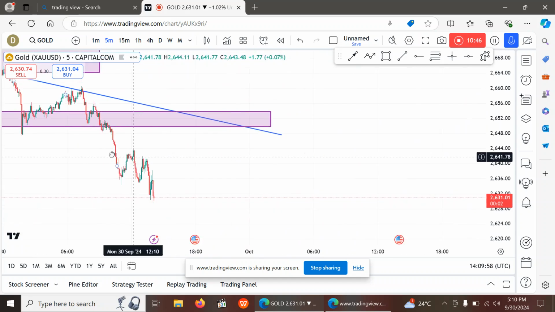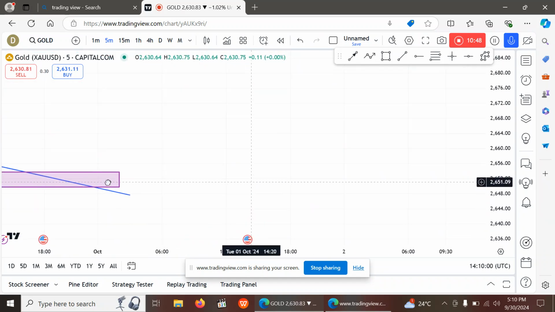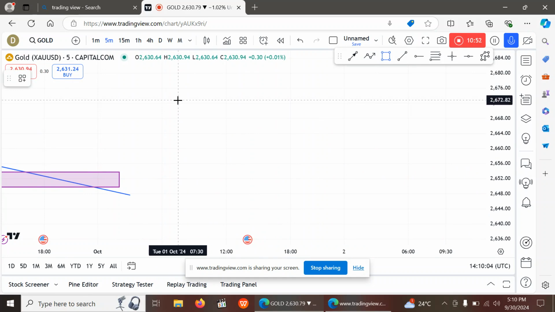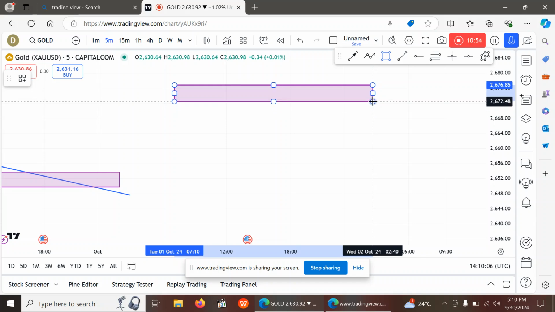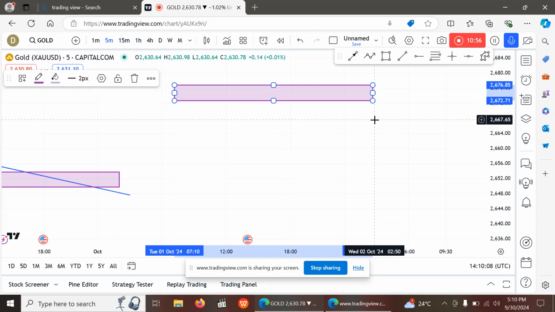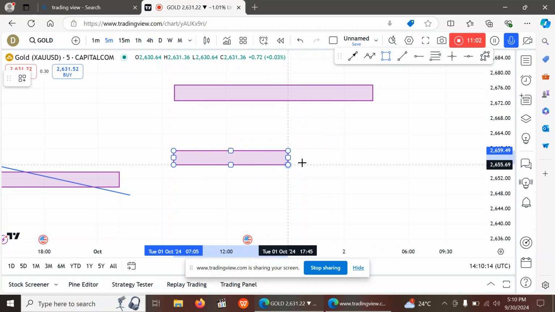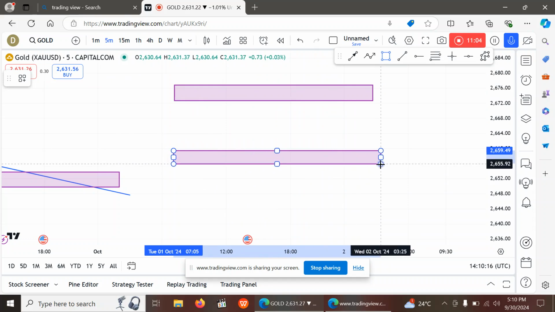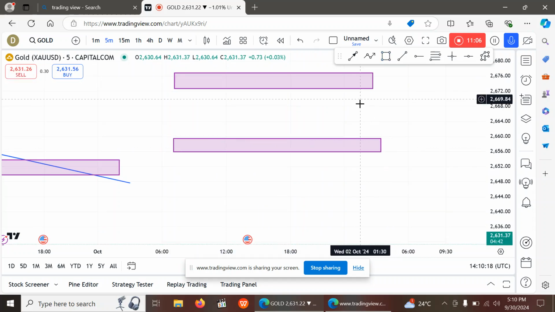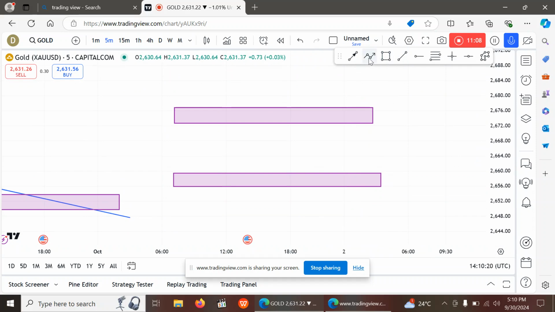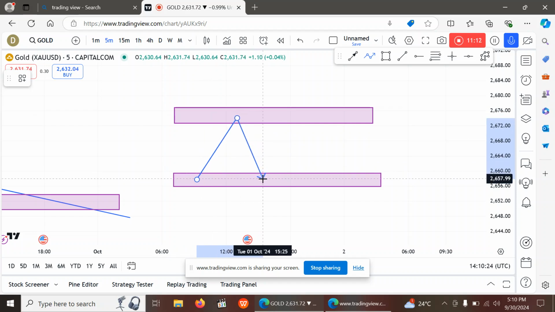So the thing is, when you talk of liquidity, so let's say we have two points. We have this point and we have this point. And the market is playing between these two points.